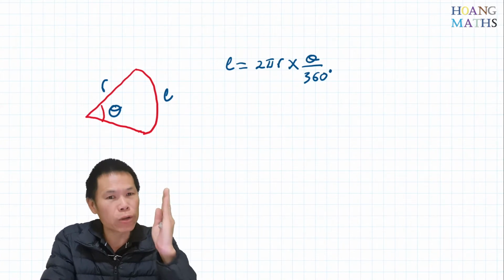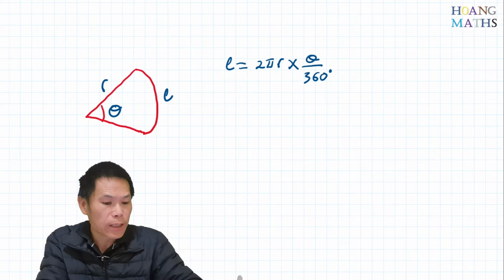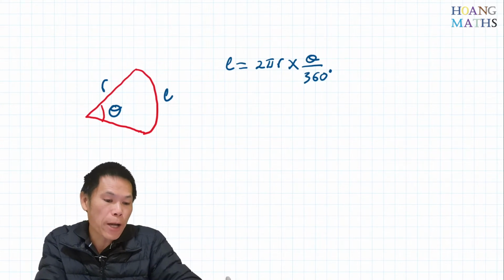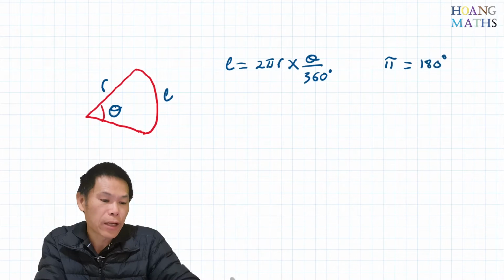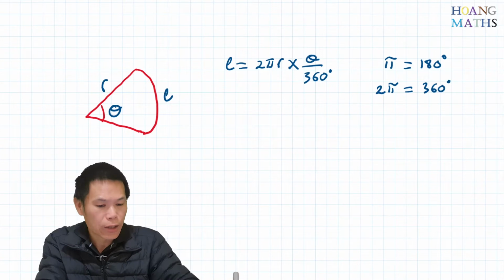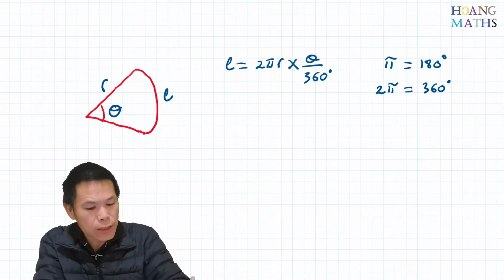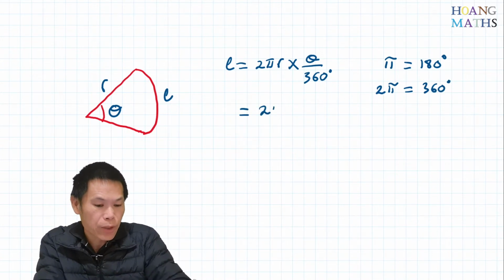But if you want to write it in terms of radians, we know that 1 pi is equal to 180 degrees, so 2 pi is 360 degrees. So I can convert that 360 degrees into radians: 2 pi r times theta out of 2 pi.